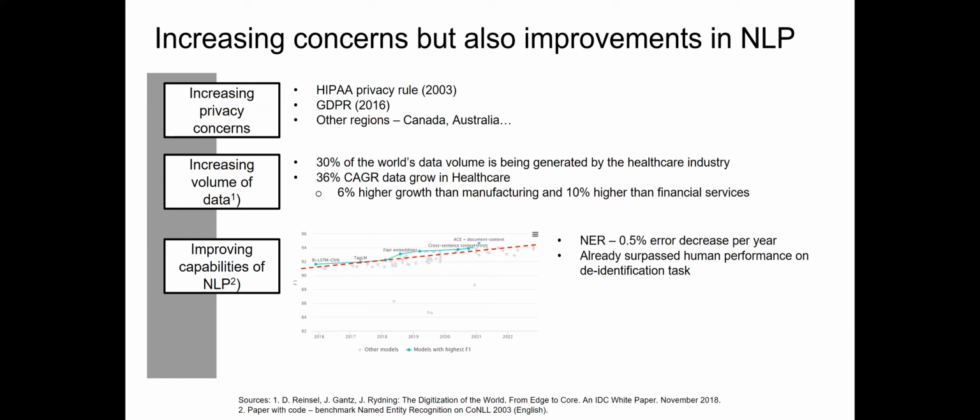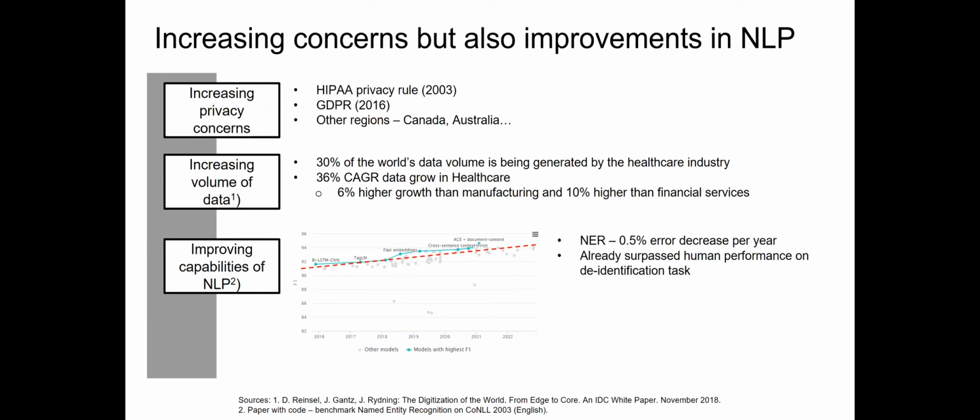At the same time, the amount of available data is increasing exponentially. It is estimated that 30% of the data globally is in healthcare, and it's growing like 36% year by year, which is higher growth than in financial services or manufacturing. And why talk about automatic de-identification?